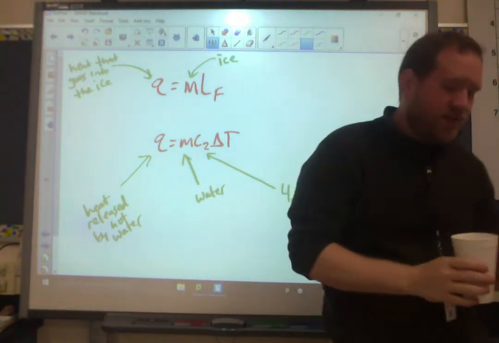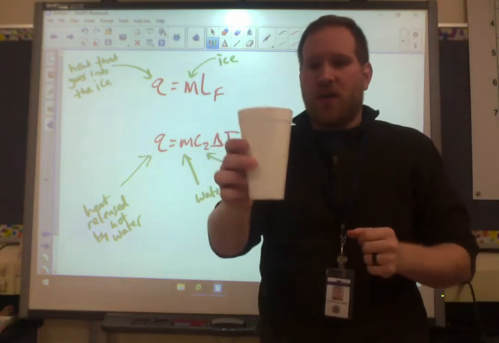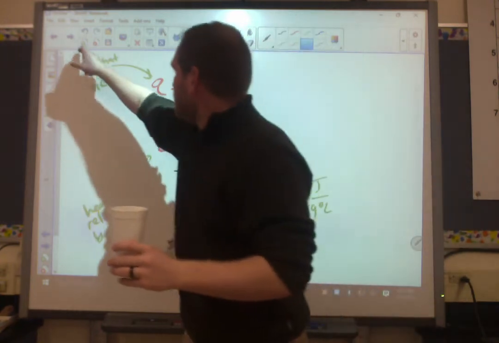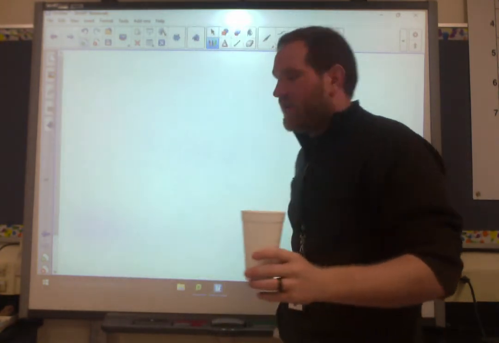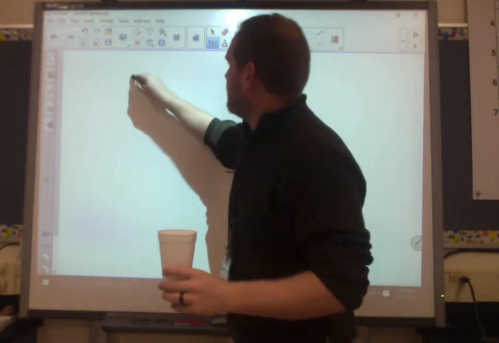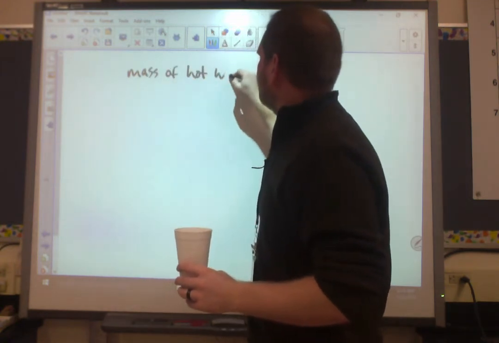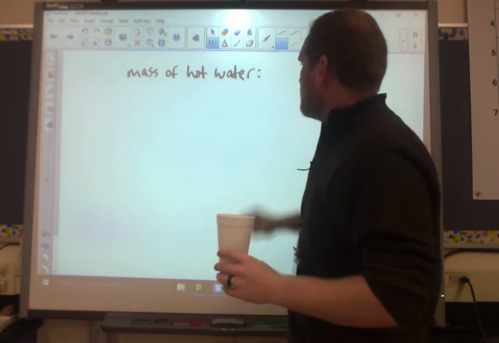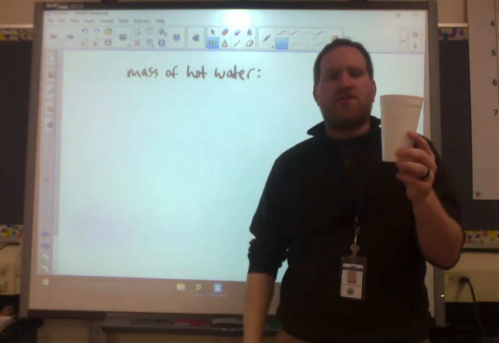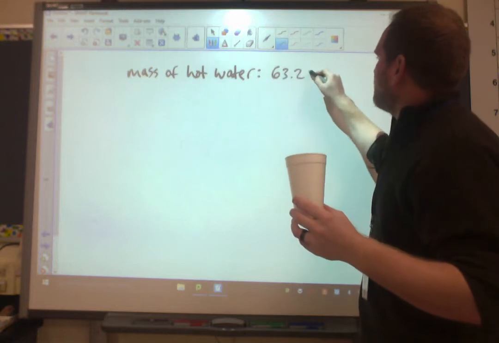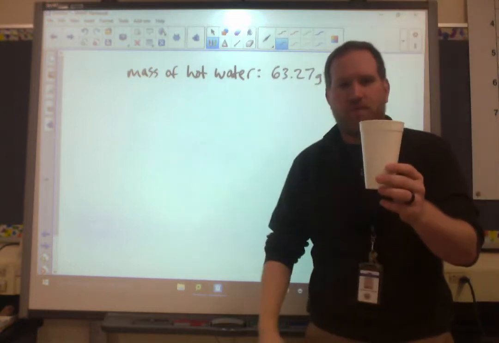So just running through this again, you get your cup of hot water. You need to find the mass of the hot water. I'll make up some sample data here too, and then we'll run through it. You're going to get your mass of hot water. Let's assume that we have 63.27 grams of hot water. Okay.